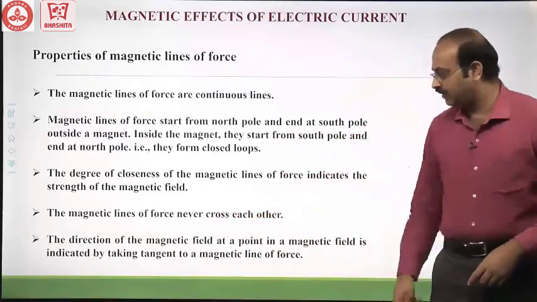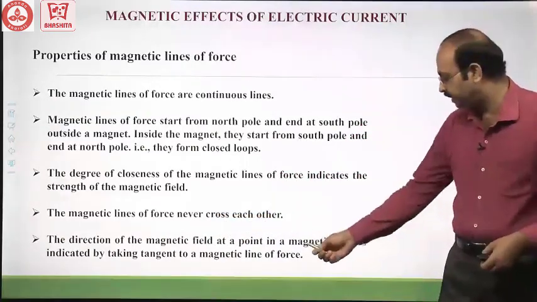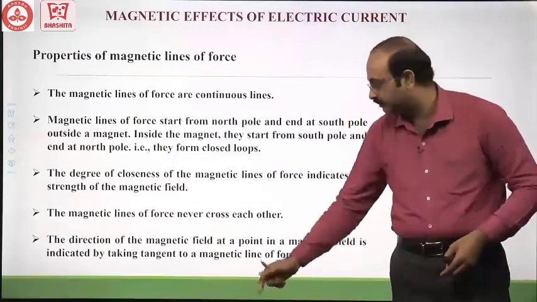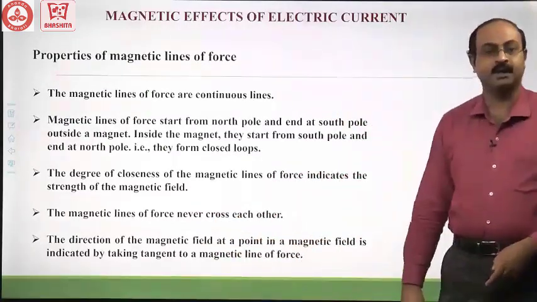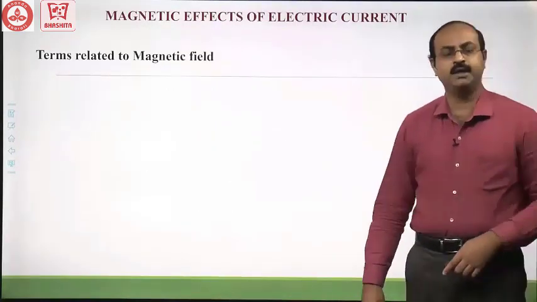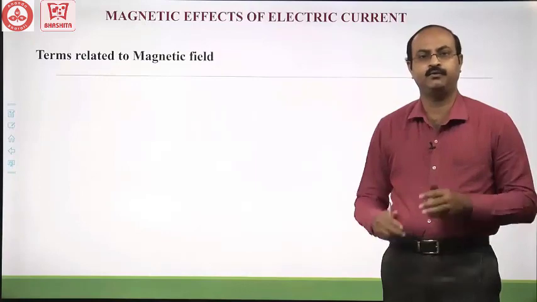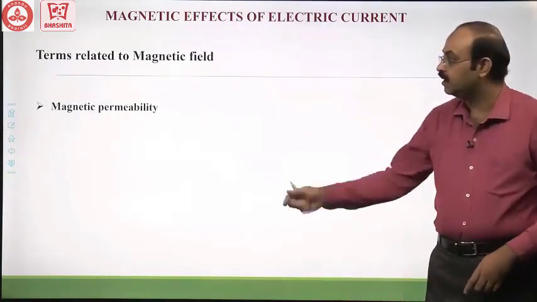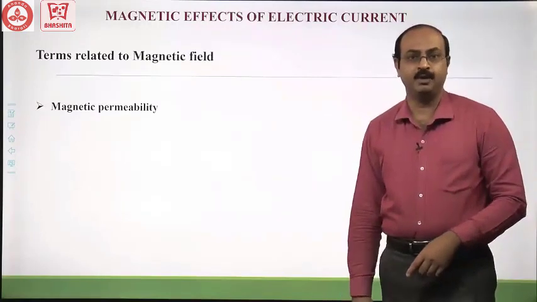The direction of the magnetic field at a point in a magnetic field is indicated by taking the tangent to a magnetic line of force. Moving ahead, we will also clearly understand the definitions of various terms related to the magnetic field, like the meaning of magnetic permeability.